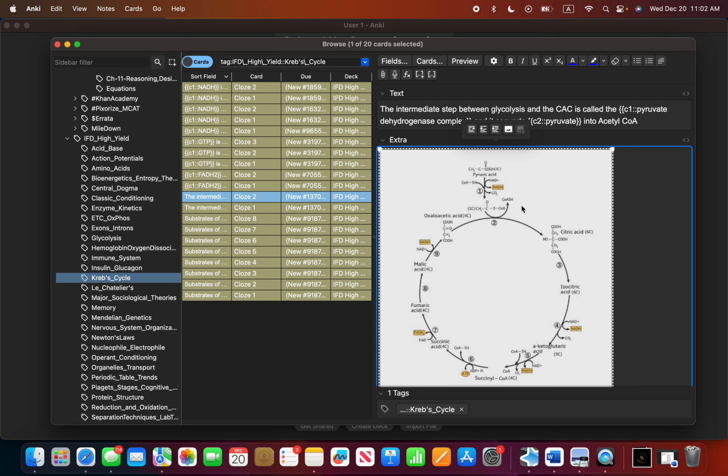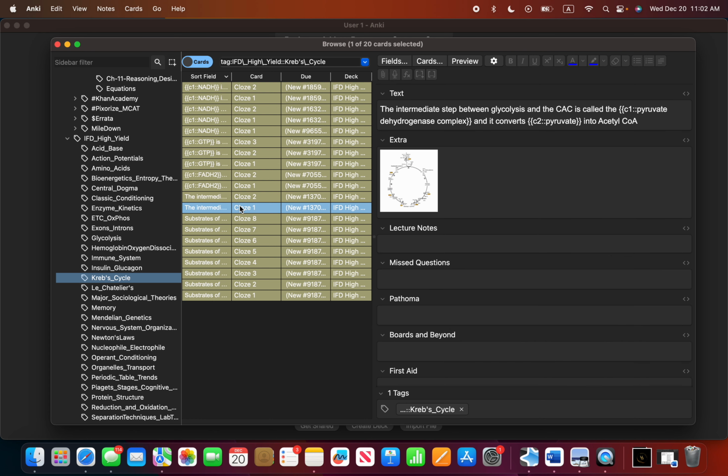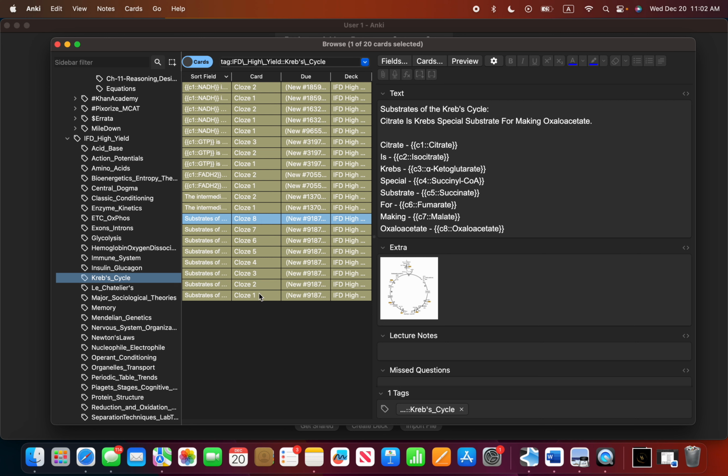So the pyruvate dehydrogenase complex converts pyruvate into acetyl-CoA. Nice. Okay, now we have 8 concepts in the same thing.